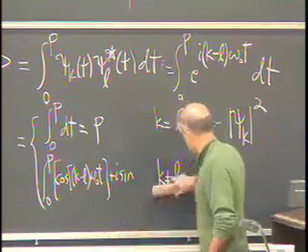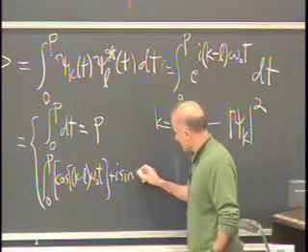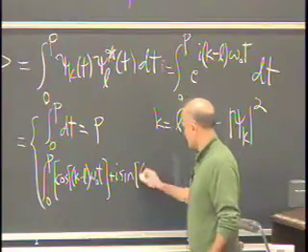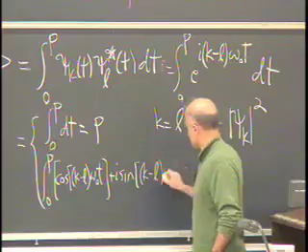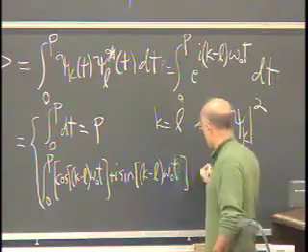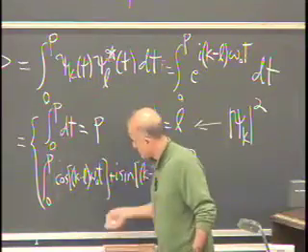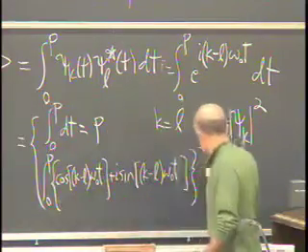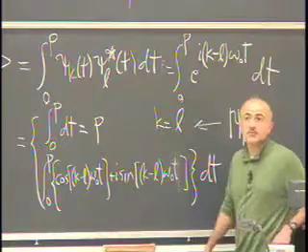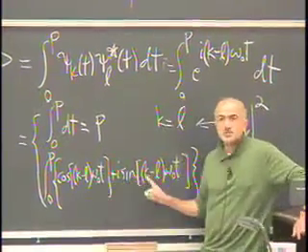Remember Euler's? Cosine of (k minus l) omega naught t plus j sine of (k minus l) omega naught t, dt. Okay? Let's look at each of these terms.